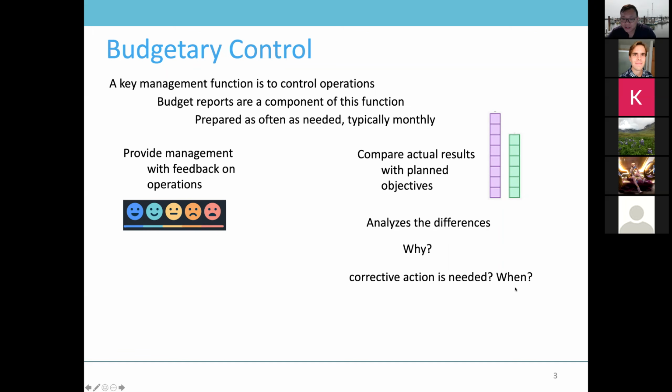Also, if you realize it's just some new information, you may need to do nothing, but you have to incorporate that new information into the budget for the following period. So that's the idea of budgetary control.